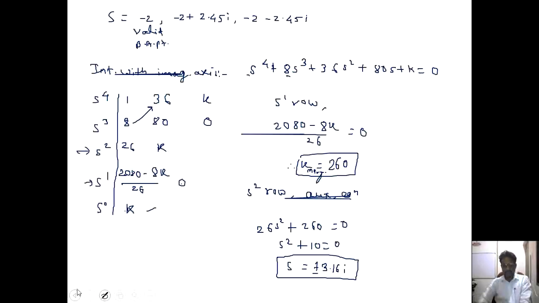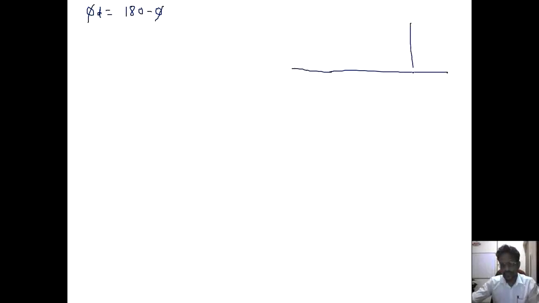Okay, and the last step is the angle of departure. For the angle of departure, phi d, the formula is 180 minus phi. So how are we calculating phi? Considering the s plane graph, mark all the poles and zeros.